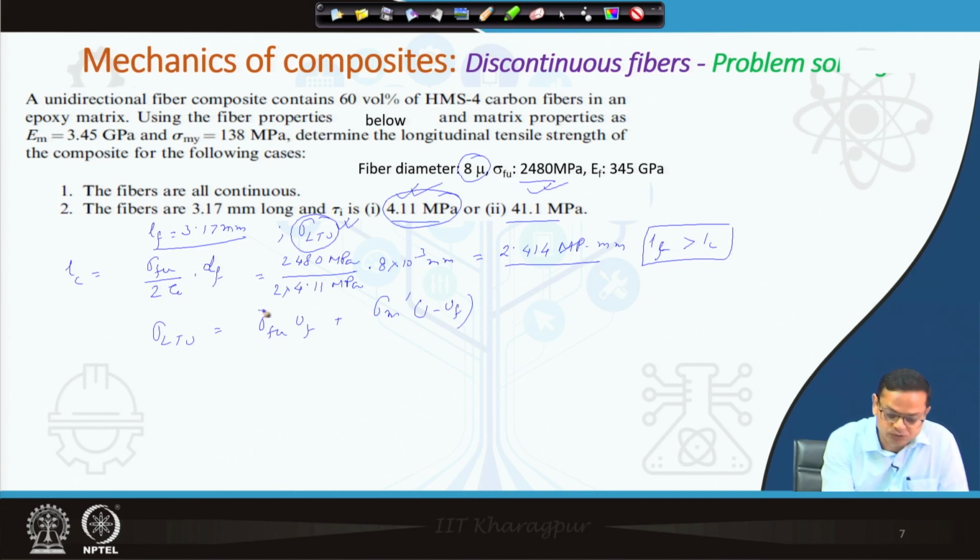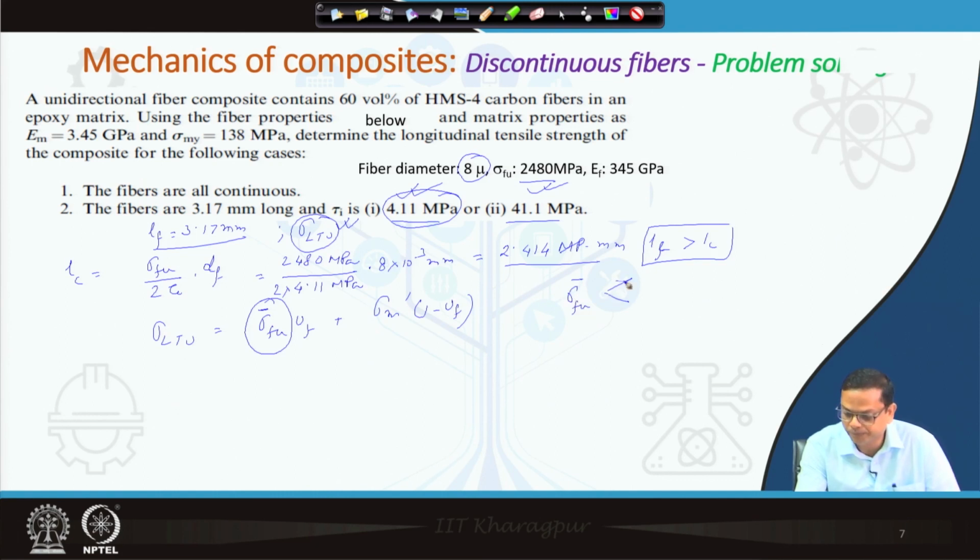So we need to find the value of average sigma_FU, which depends on L_C and L_F: is L_F more than L_C or less than L_C?